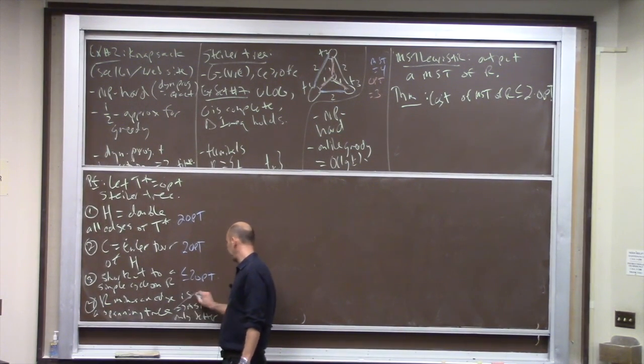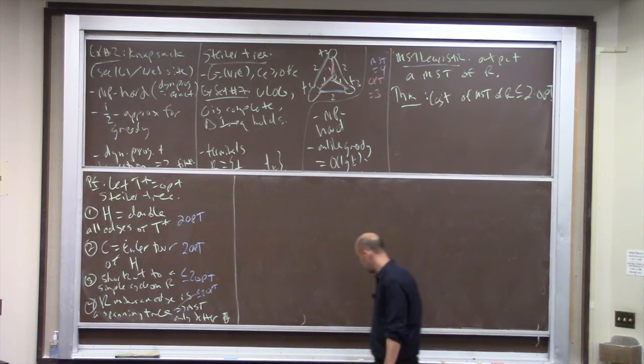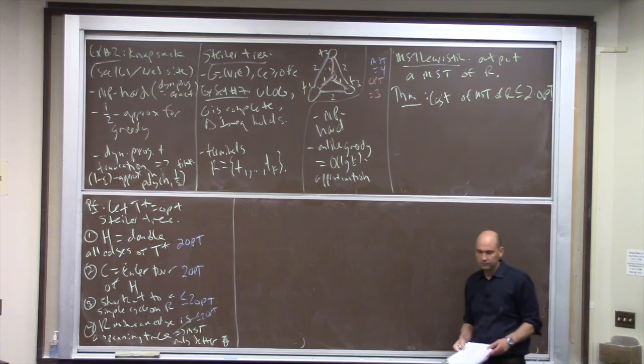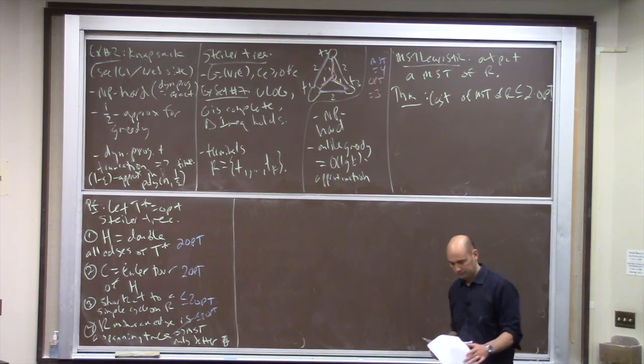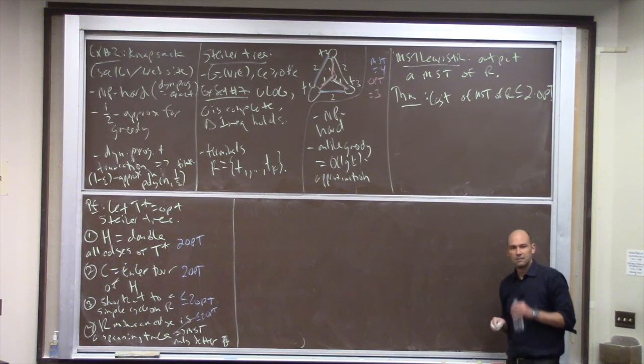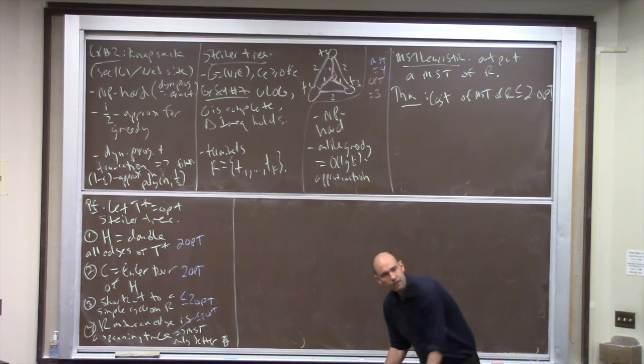So again, the spanning tree is at most 2 opt. So any questions about that? Okay.